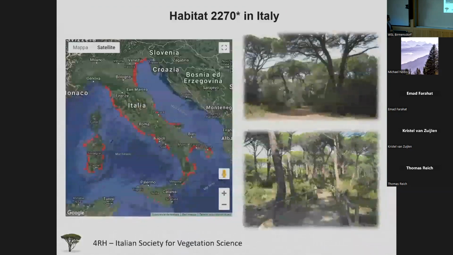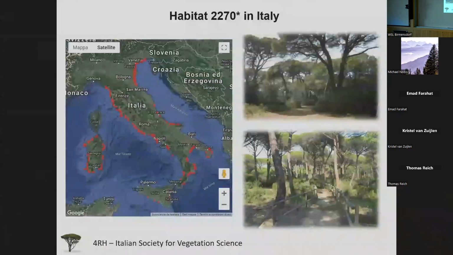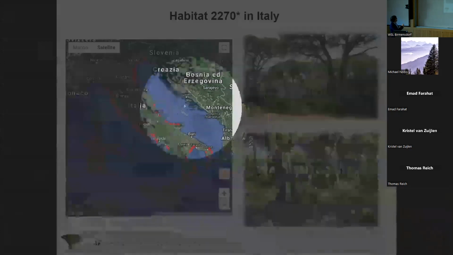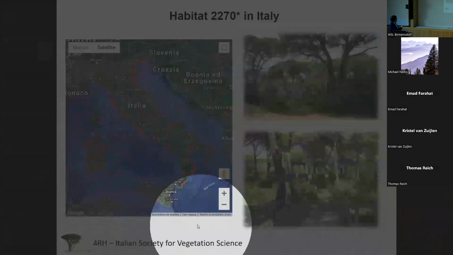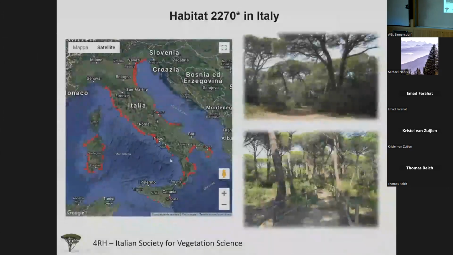And here is a more detailed focus, from a recent habitat report by the Italian Society for Vegetation Science, showing basically that most of the Italian peninsula hosts Mediterranean pine forest along the coast. So those are at low elevation, typically close to the sea, which you might have visited during your vacation perhaps, right?